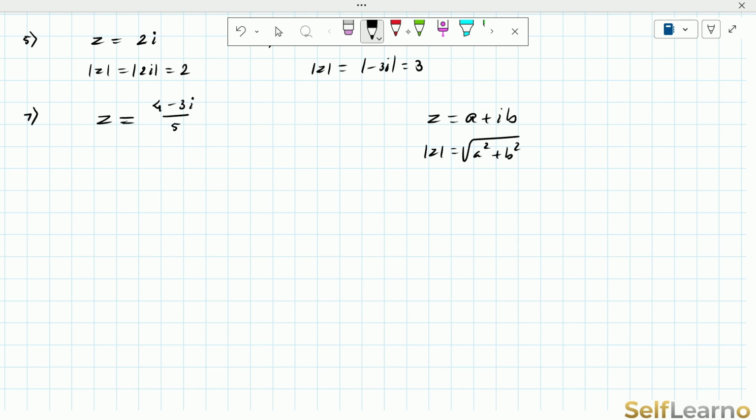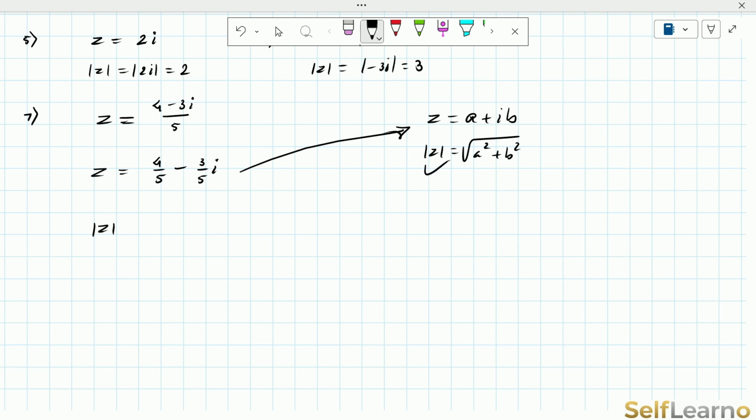So I have to have this complex number in this type of standard form. The two parts, real and imaginary, must be separated by the sign of plus or minus. So I have to separate these two terms. So z is equal to 4 over 5 minus 3 over 5 i. Now this is in this format, so I can use this formula.